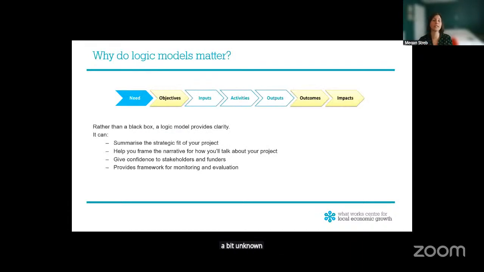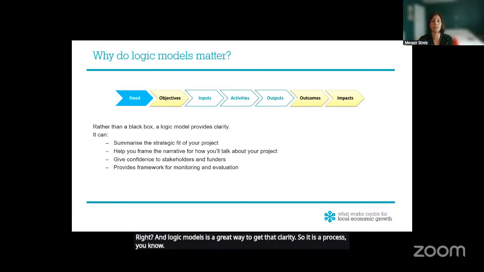And logic models is a great way to get that clarity. So it is a process, as Victoria said at the start, that helps you tease that out and really test the logic between those steps, get that clarity so it doesn't feel like a bit of an unknown.